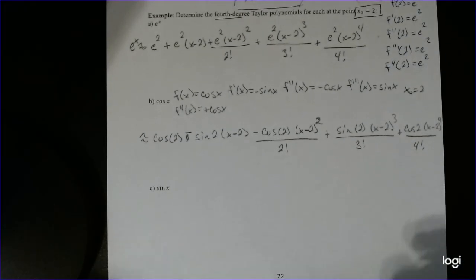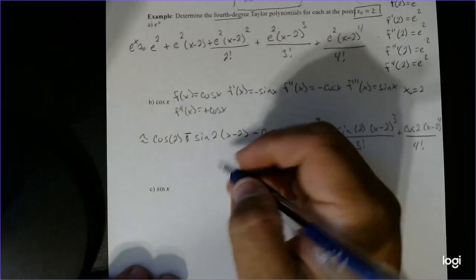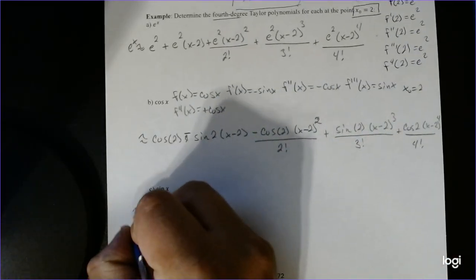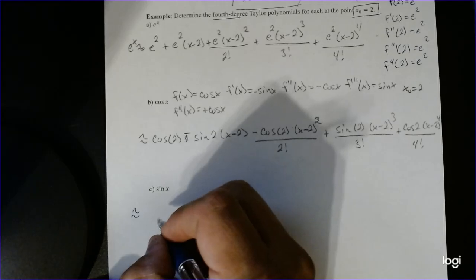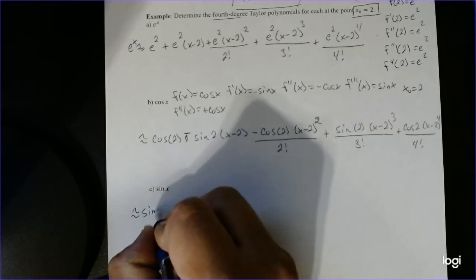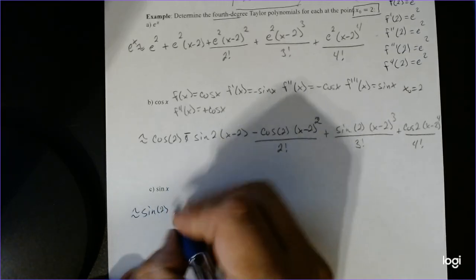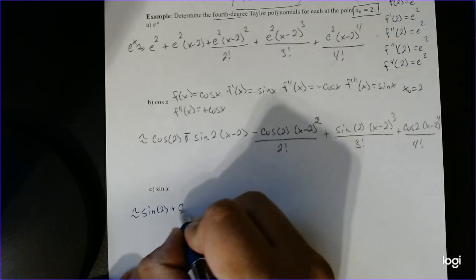Now the best part is sine is the same thing as cosine, right? They're just going to be opposites. So basically it starts here with a plus, with a positive, and just goes in that portion. So I'll just go straight from the derivatives to this portion. So this is going to be approximately itself. So sine of 2, derivative of sine is positive cosine.